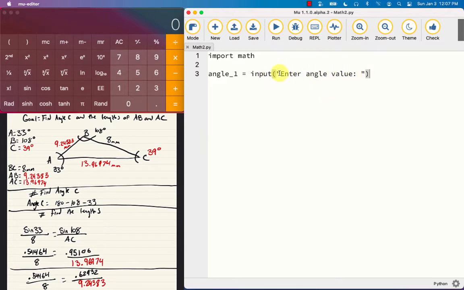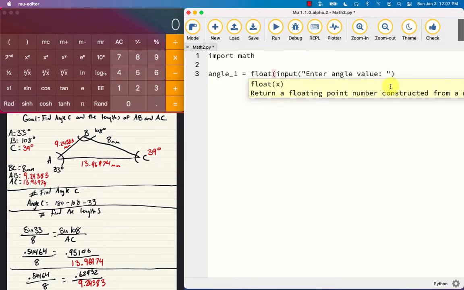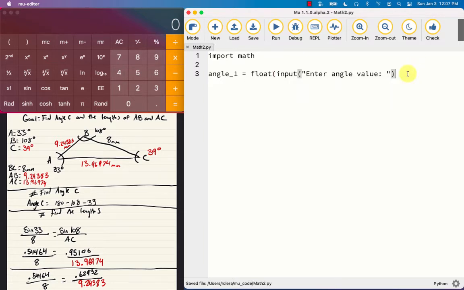But there's a few things. One, every time we use input, it captures the value as a string, and we want it to be numeric. So let's convert it to a float. We can type in float, and then open parentheses, close parentheses, and now whatever the user types in will be converted to a float. Next, let's do length, right?